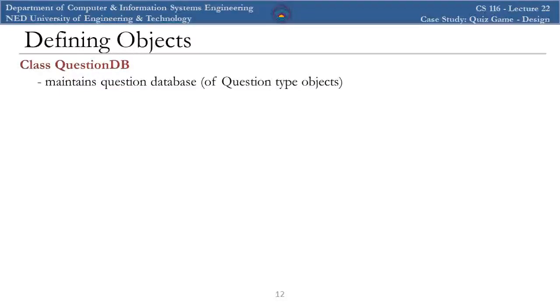Now, one thing that I would like you to note here is that I could have merged these two classes. I don't need to define a separate question class. I could have put all those methods and attributes here as well. But that could have made this class unnecessarily long. A good approach is to divide your program into as small pieces as you can.